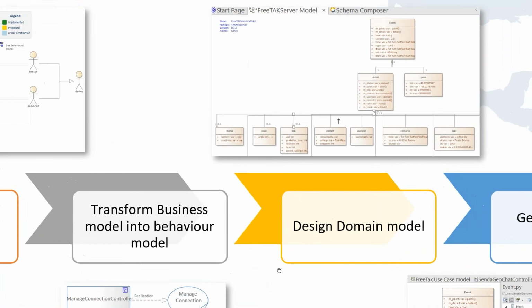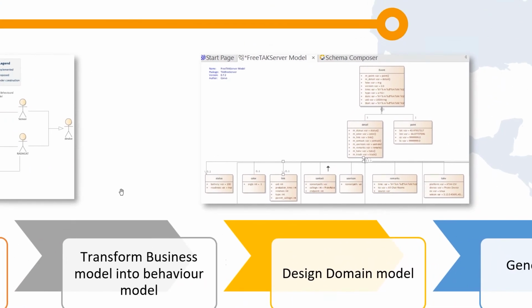From this point, you take those components which you've established in the behavior model and you create a domain model. Now, a domain model does not contain any sort of logic. All it has is, firstly, the various classes which are being used. Secondly, within those classes, the methods and attributes associated with them.